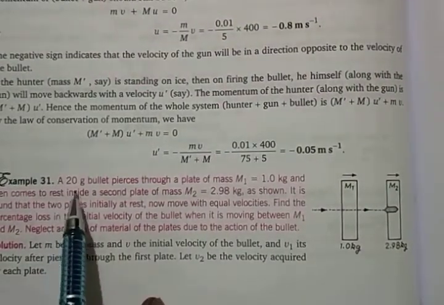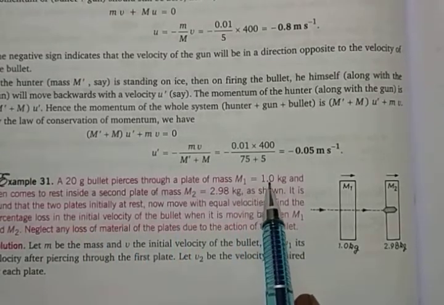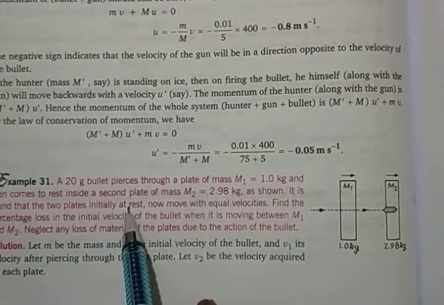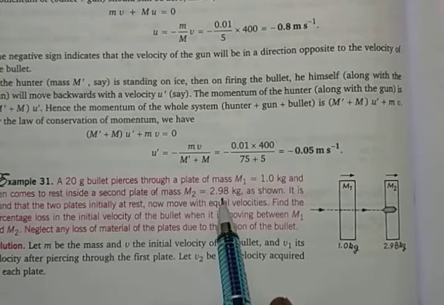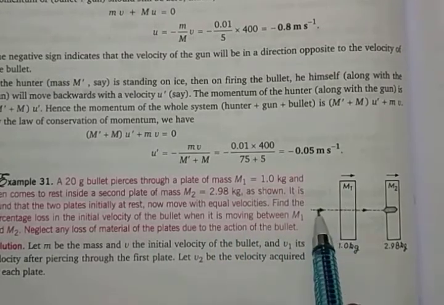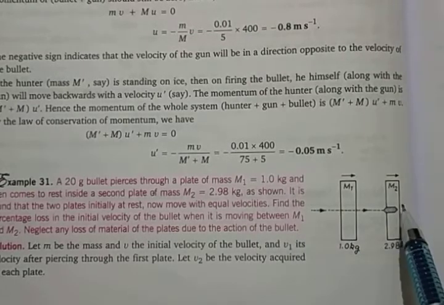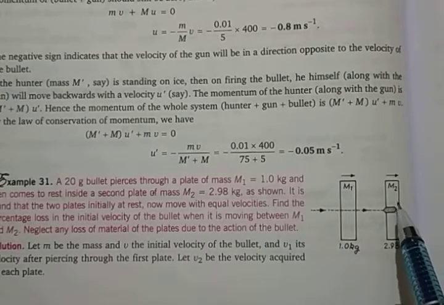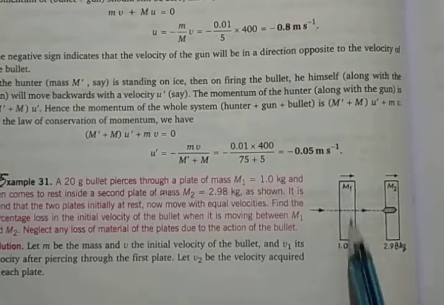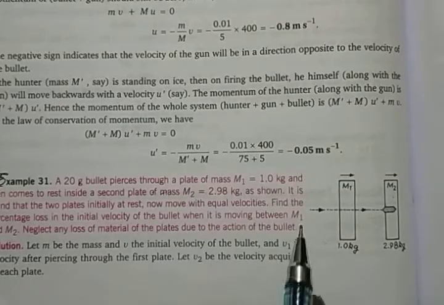A 20-gram bullet pierces through a plate of mass m1, which is 1 kg, and then comes to rest inside the second plate of mass m2, which is equal to 2.98 kg. As shown in the figure, the bullet penetrates the first plate and goes on, and next it is unable to go beyond the second one and gets stopped there. There are two collisions taking place.